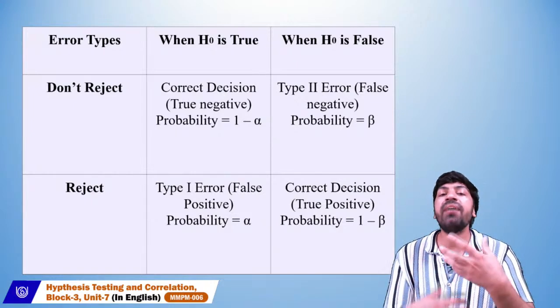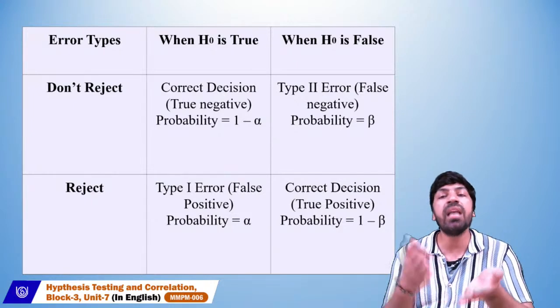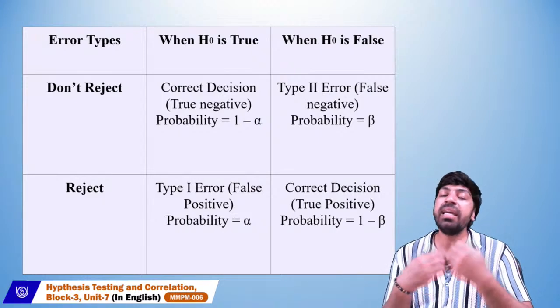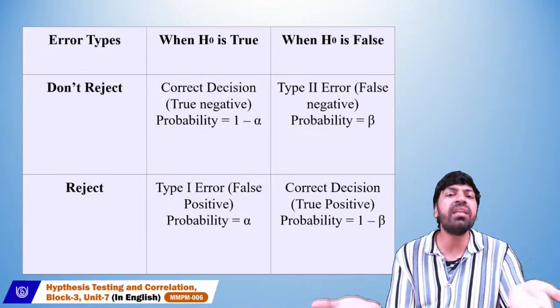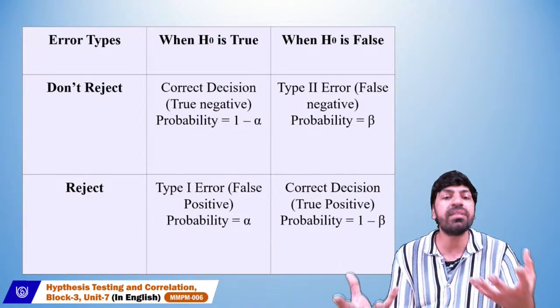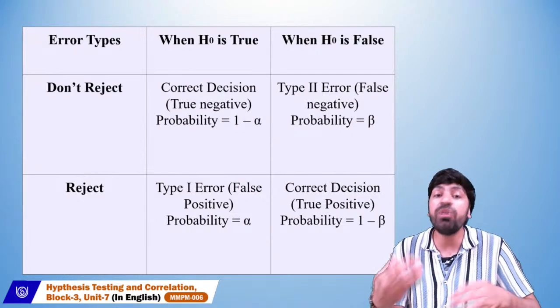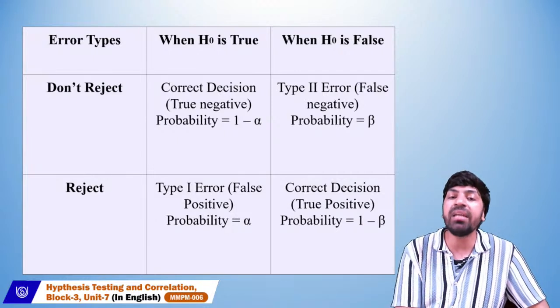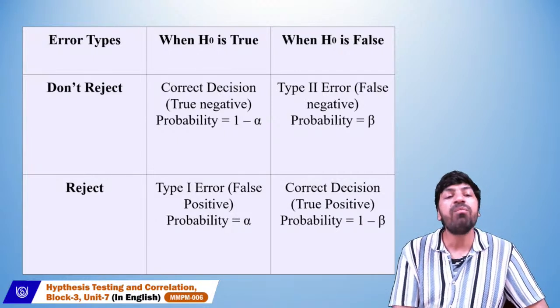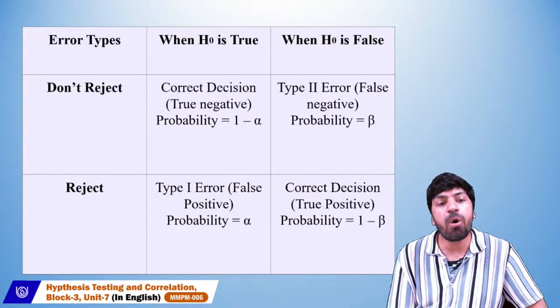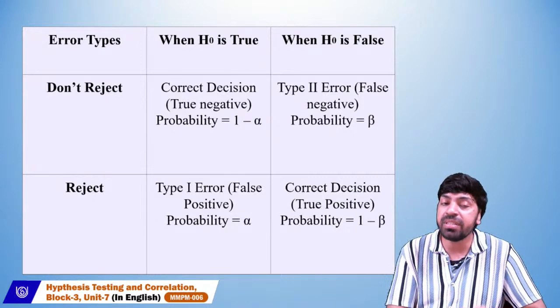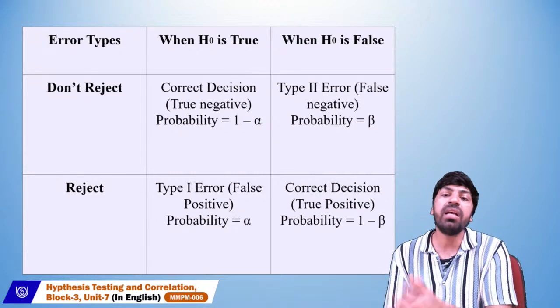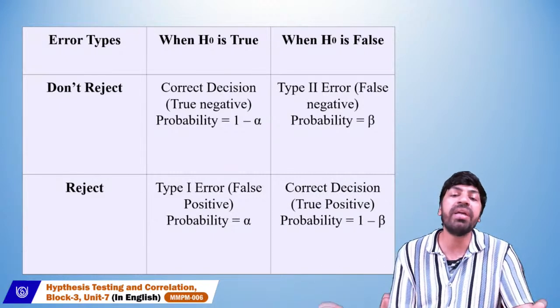So when there is a correct decision, when the null hypothesis is true and the researcher is not rejecting that null hypothesis, that's a correct decision, and the probability is calculated as 1 minus alpha. But when the null hypothesis is false and the researcher has rejected the null hypothesis, that is also a correct decision.